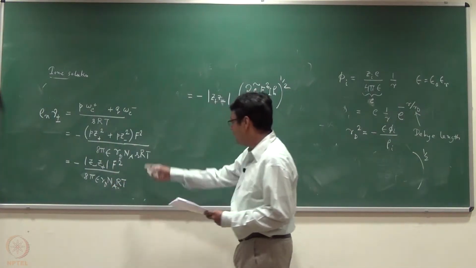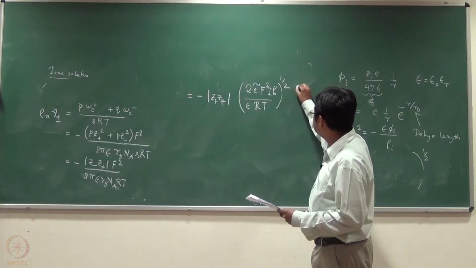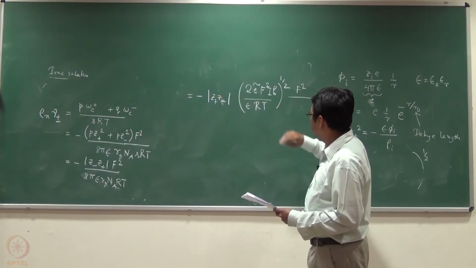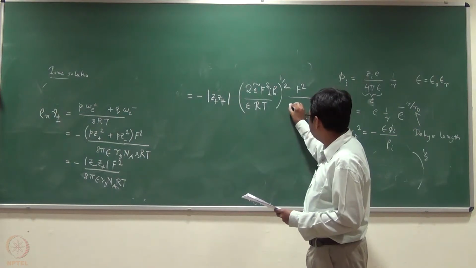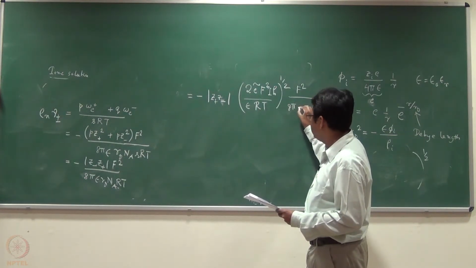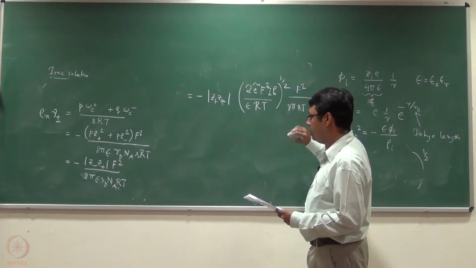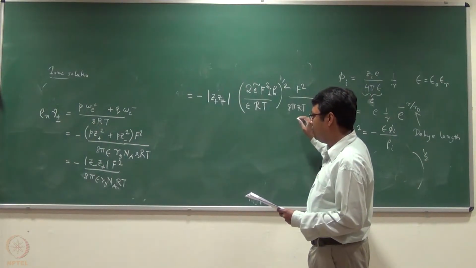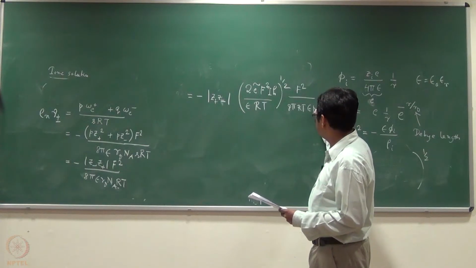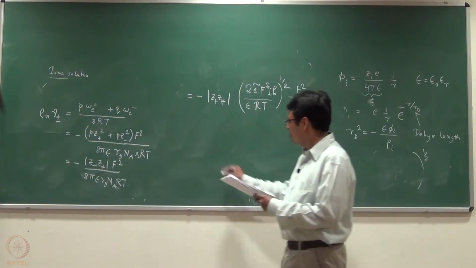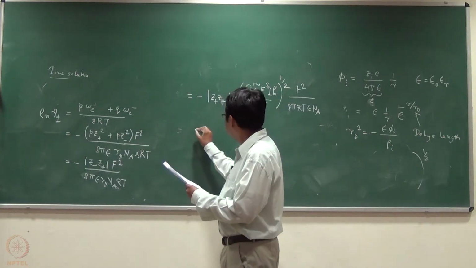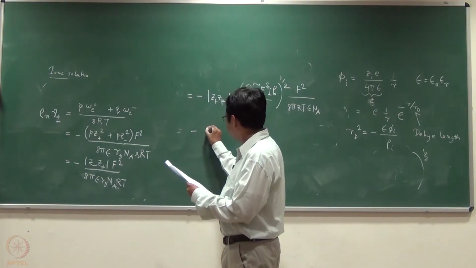And I have the rest of the thing, which is basically F square, and then I have 8 pi RT, and then epsilon n. That 1 over RT I already wrote. So you can just rearrange it. It is basically minus.